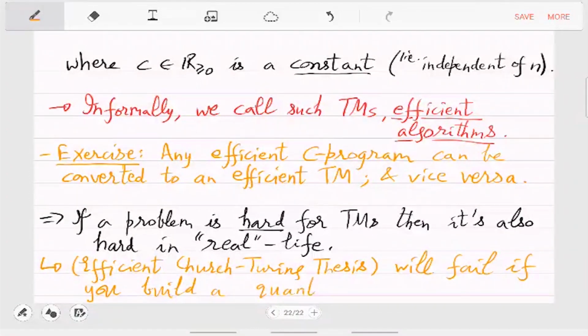This is known. Okay, we will not do it in this course, but you can do it in quantum computation courses.